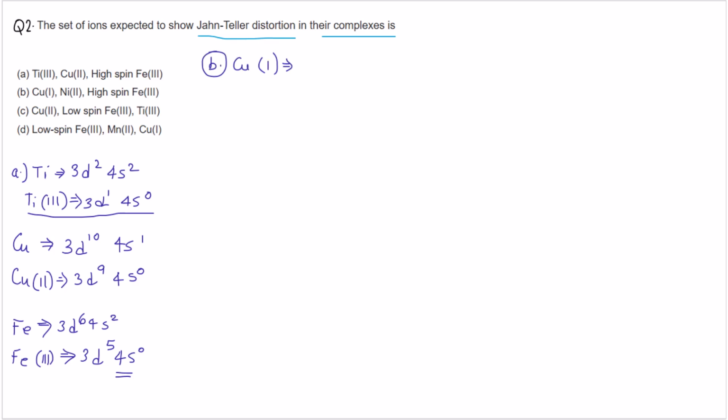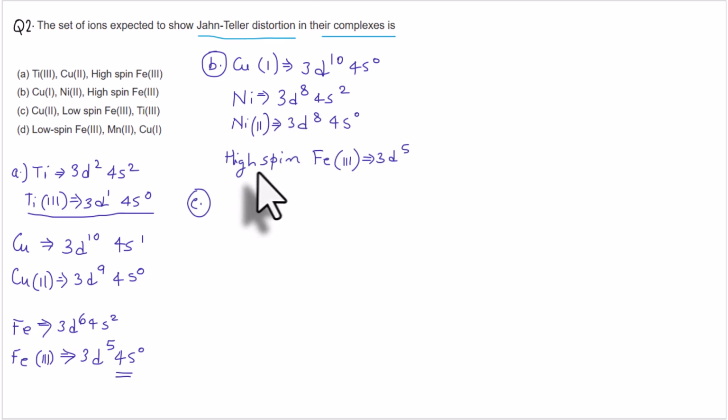Copper in the ground state has 3d10, 4s1, so copper 1 will be only 3d10. In option B the next one is nickel 2. Nickel's ground state configuration is 3d8, 4s2, and nickel 2 will be only 3d8.